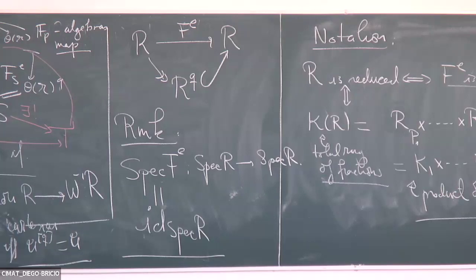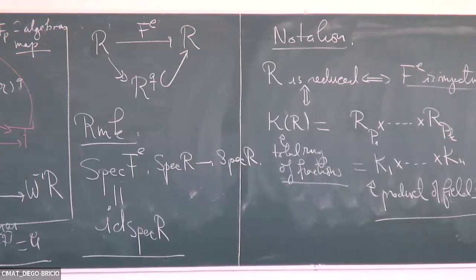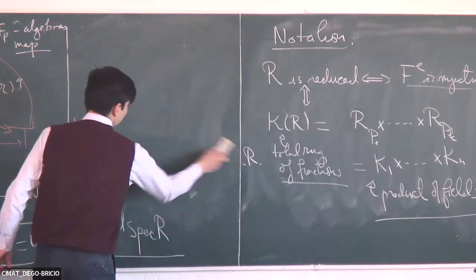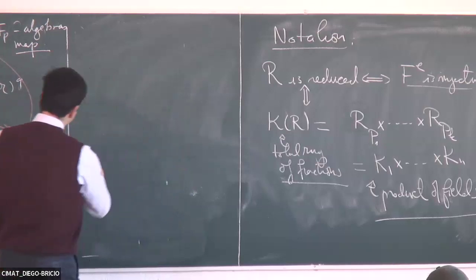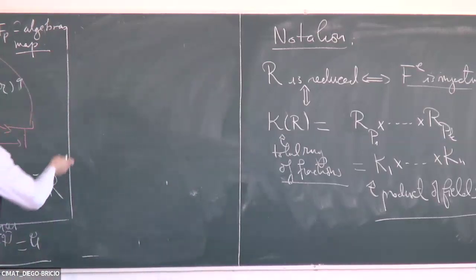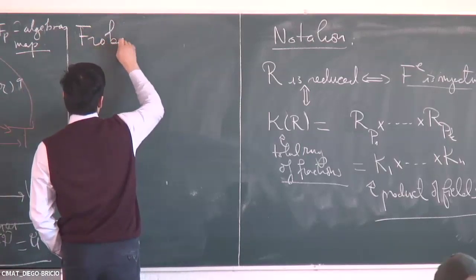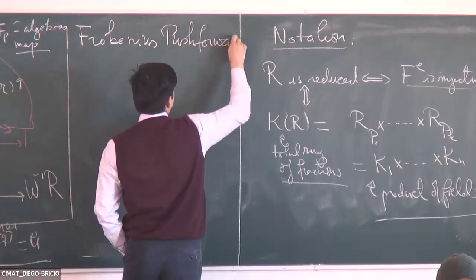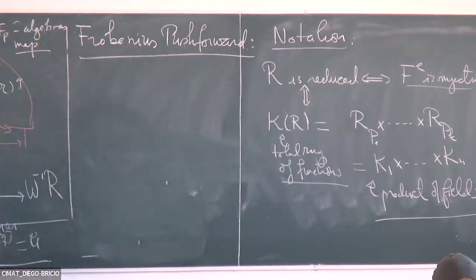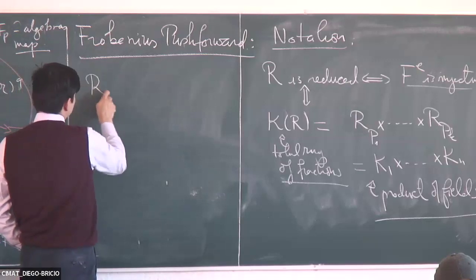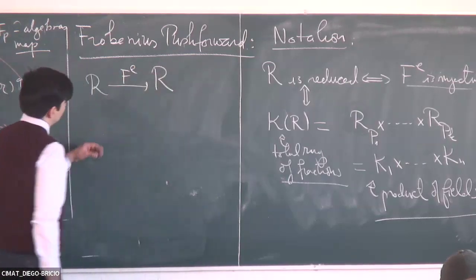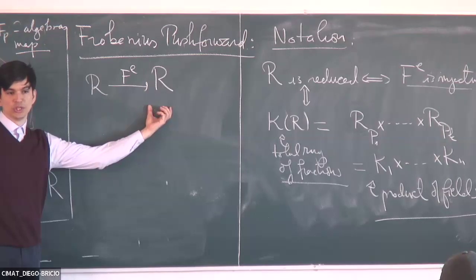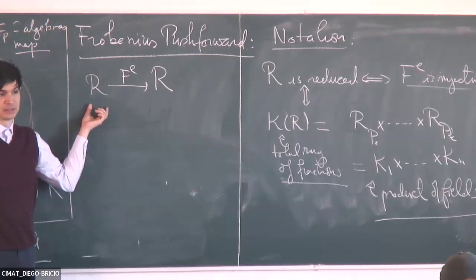We need one more piece of notation. I wish things were not this complicated sometimes. One more piece of notation, which is the Frobenius push forward. Let's just get this out of the way. What is magical about Frobenius is its push forward. Whenever you have a ring homomorphism and you have modules over the source, you can restrict scalars and get modules over the target of the map.